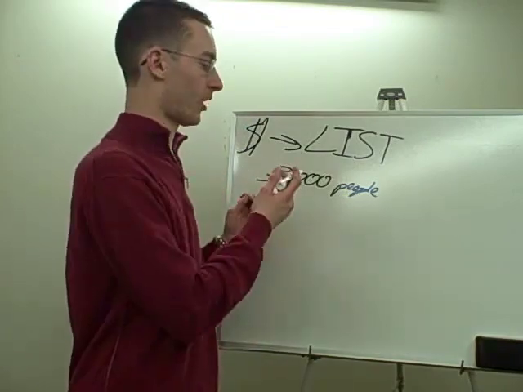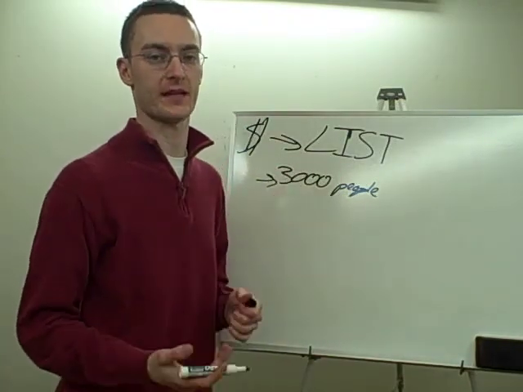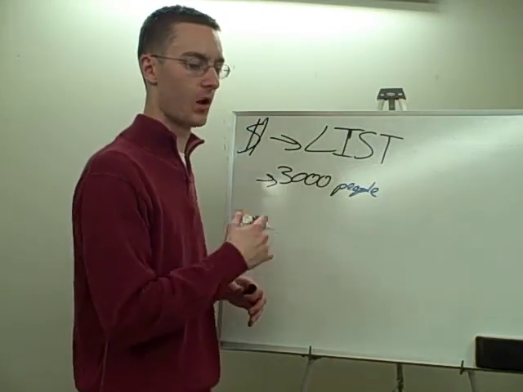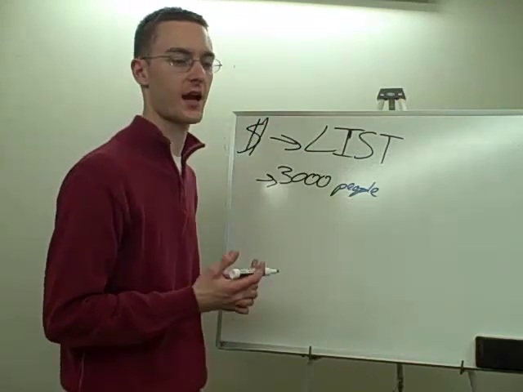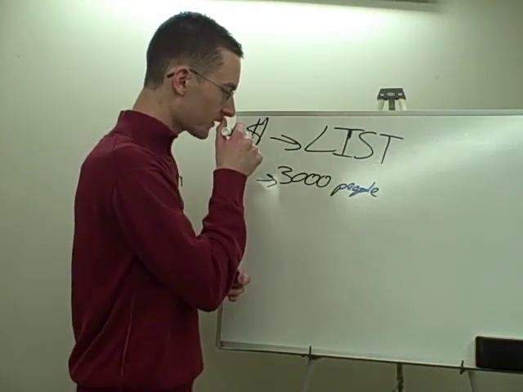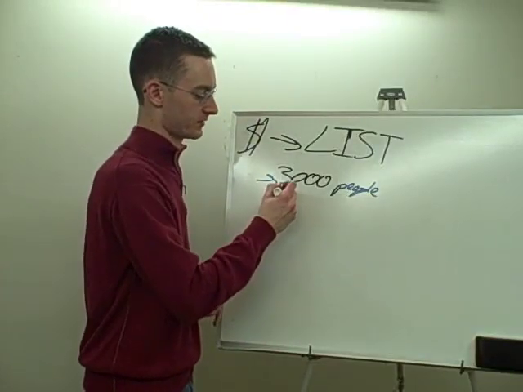Let's say you had a list of 3,000 people in that same niche, in that same market. Most of those people aren't going to join your business or buy from you, but let's say this is what happens. A new product comes out, a new training, and you send an email to those 3,000 people.